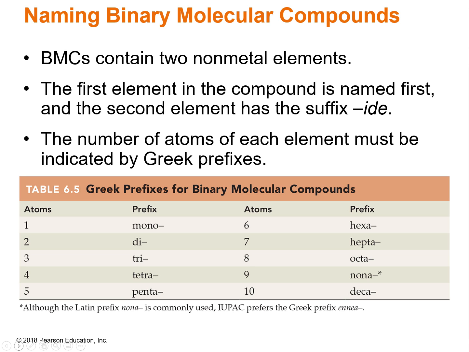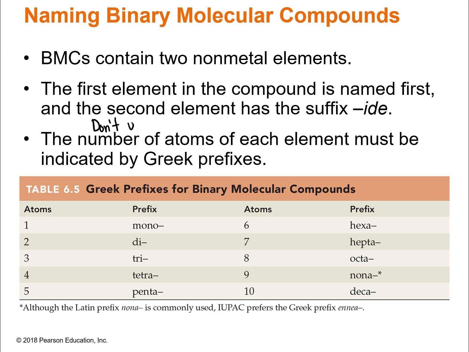With naming, you're going to name the first element first, and then the second element has the IDE at the end of it. The way that you indicate how many of each element you have is by using a prefix. And the prefixes are all in this chart here. The only exception is for mono.